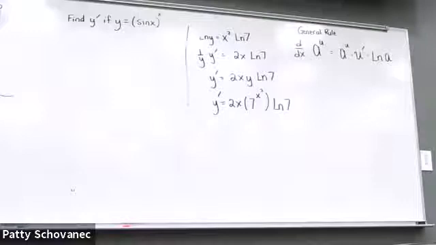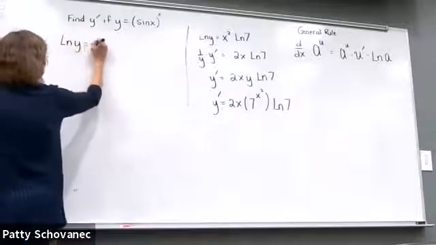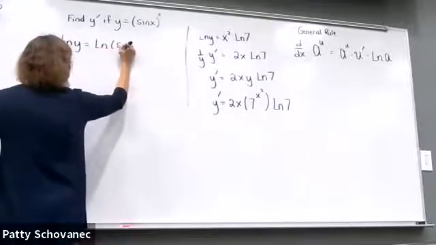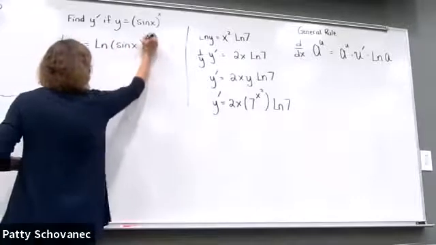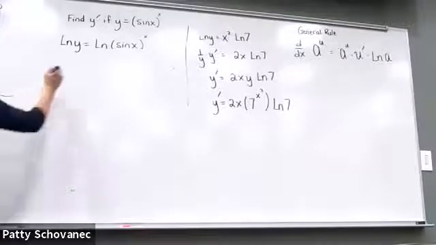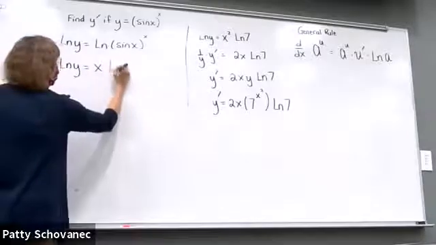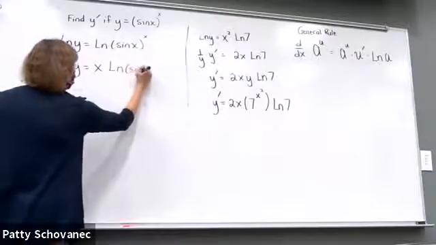So we start the same way, take the natural log of both sides. And we do this logarithm thing so that we can bring that x that's the power and put it in front of the logarithm. Now that everything's on one line, we use implicit differentiation.